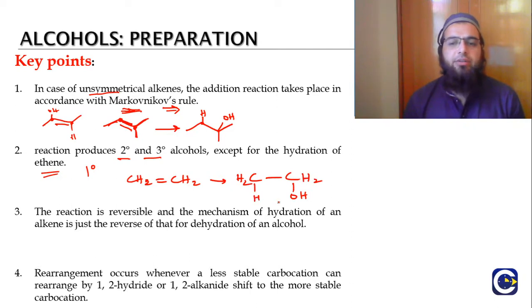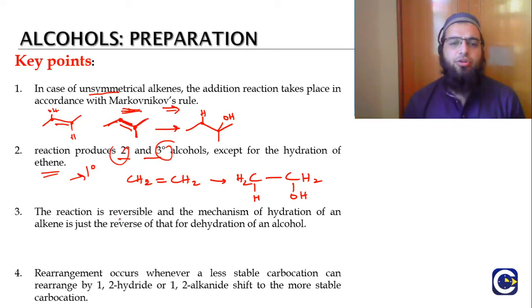You can see that we have got the primary alcohol in this reaction. In all other alkenes we can't get this product. So only for the reaction of ethene we get primary, and for others we have secondary and tertiary alcohols.